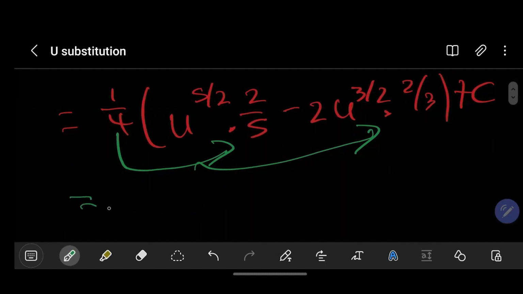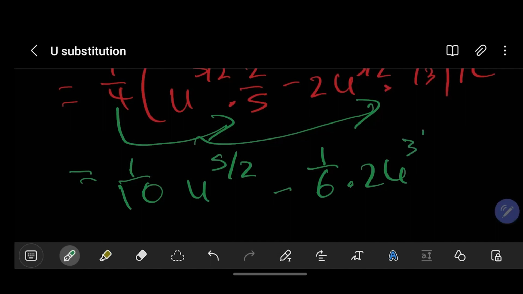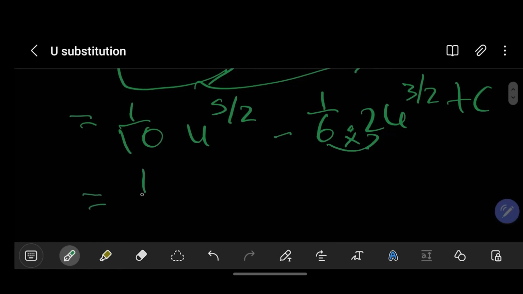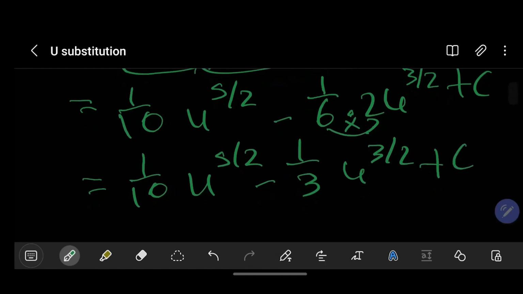So we now get this as 1 by 10 u to the 5 by 2 minus 1 by 6 multiplied by 2 u to the 3 by 2 plus c. We know this and this can get multiplied out, so we'll now have 1 by 10 u to the 5 by 2 minus 1 by 3 u to the 3 by 2 plus c.